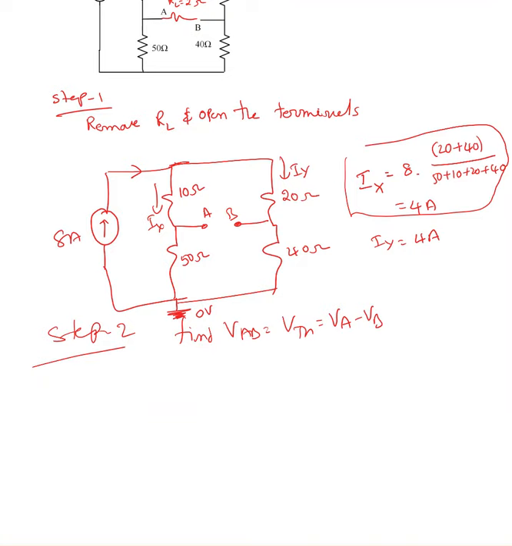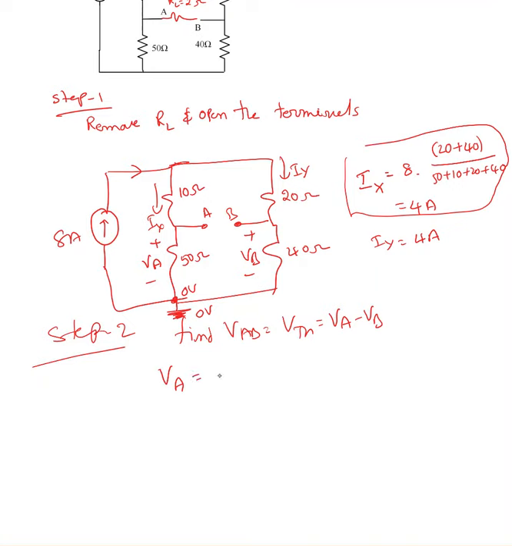Okay, now here my goal is not Ix and Iy. My goal is finding VA and VB. Okay, to find VA, since I know the voltage at this point as 0 volt, can I say the voltage across this as VA, and in a similar manner can I take this voltage across VB? We can do that.